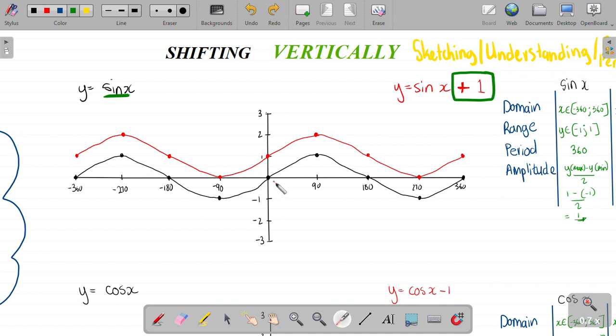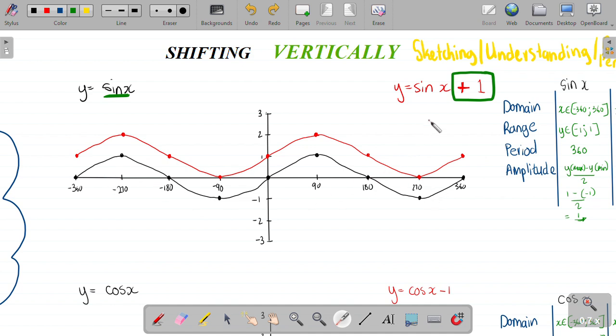We know from the first video that the normal sine graph starts like this. If you put sine of 0, you get 0, and if you put sine of 90, you get 1, and you fill in the graph, and this is the normal graph.